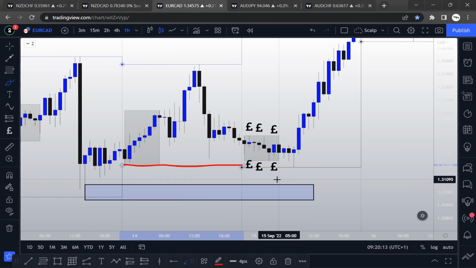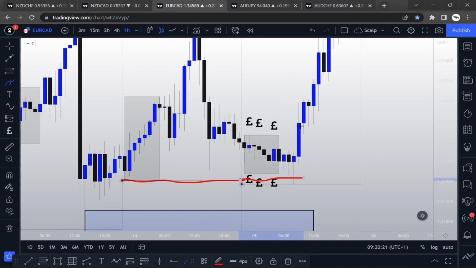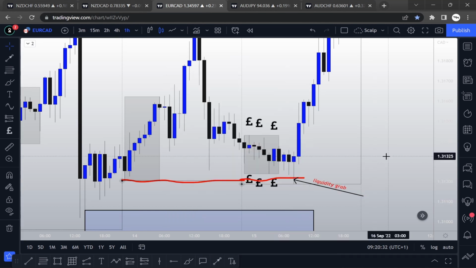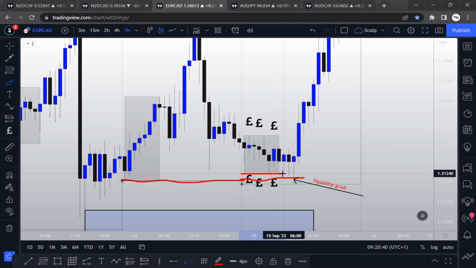I'm going to continue drawing that line so that you will see where the liquidity grab actually happened. This wick right here is the liquidity grab. That wick right there grabbed the liquidity off the Asia session low and the daily low.